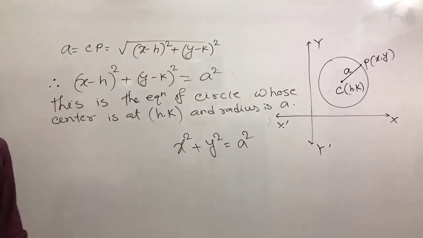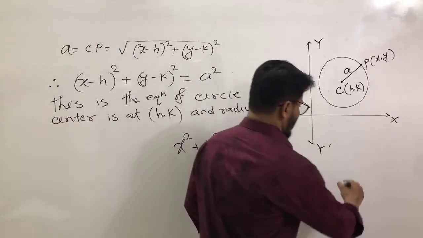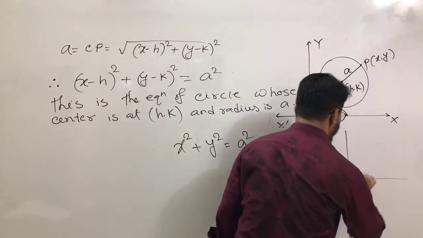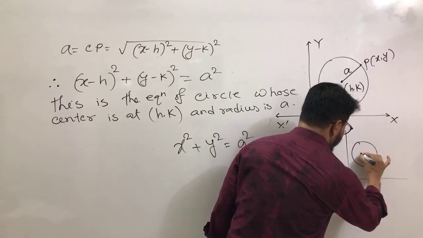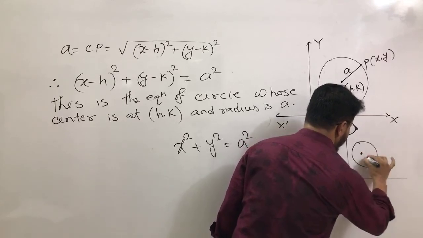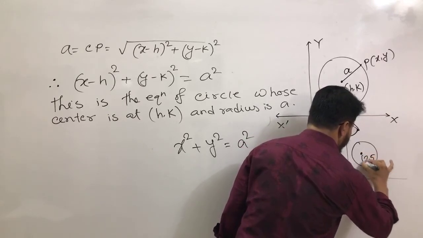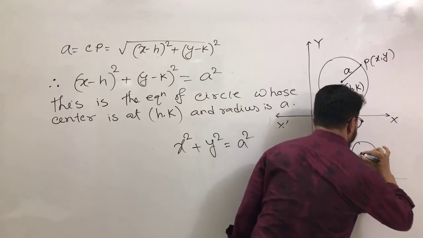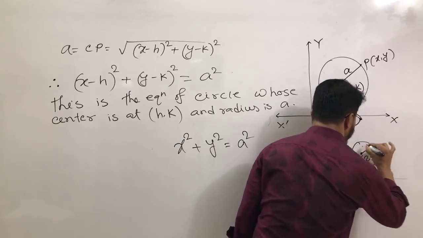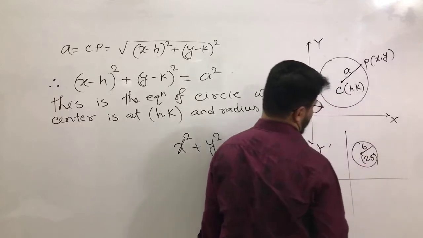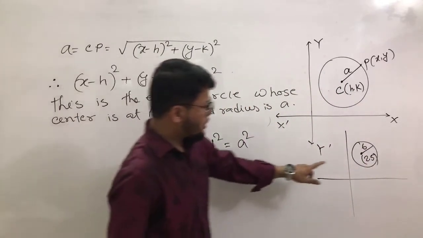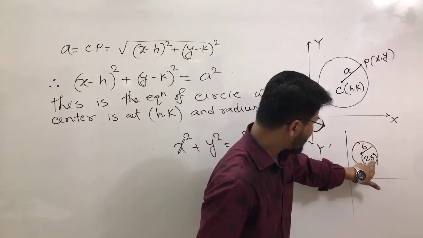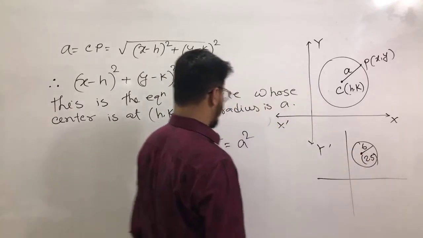Like if we think here, this is the equation of a circle whose center is C at 2 and 5, and the radius is 6. So now what will be the equation of the circle whose center is 2, 5 and the radius is 6?